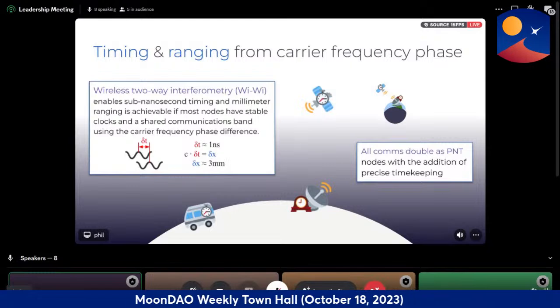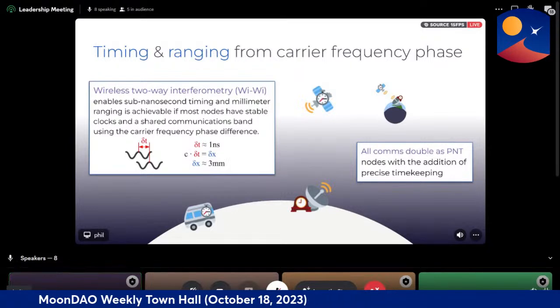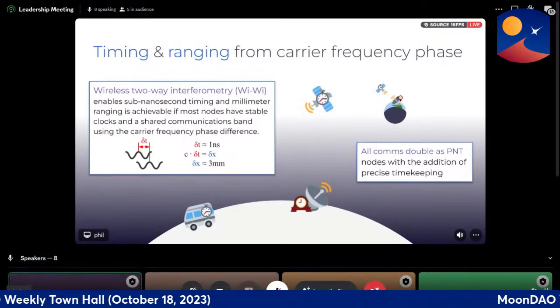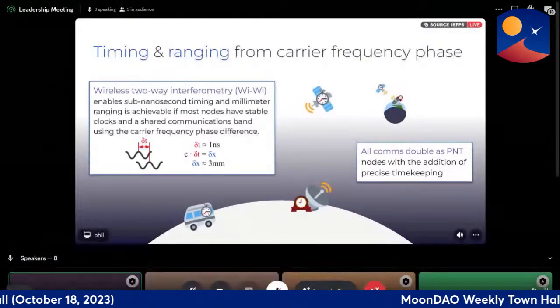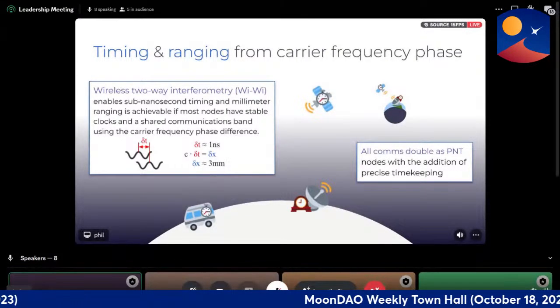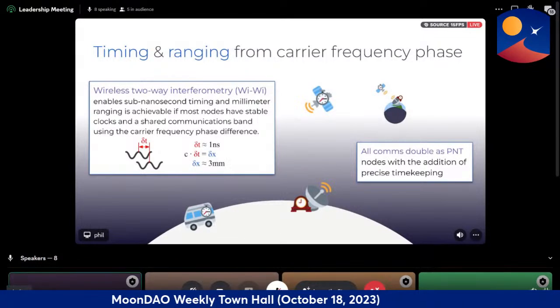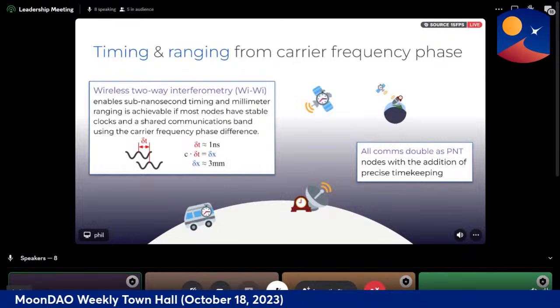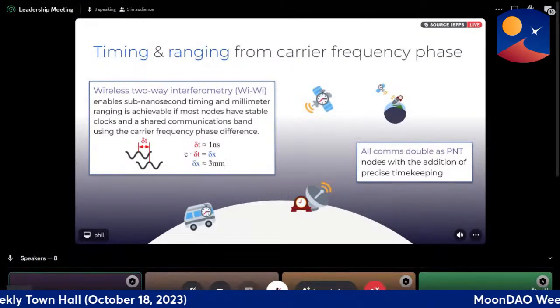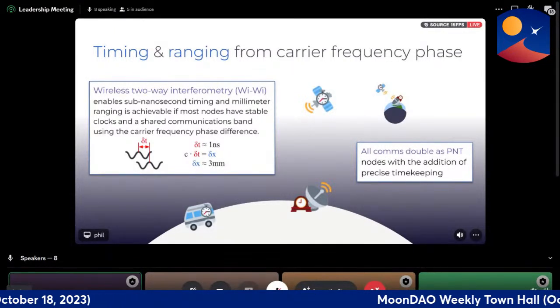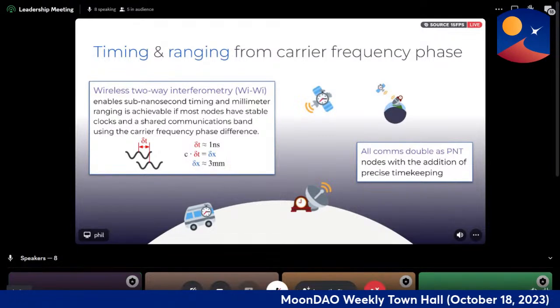It's been demonstrated on the ground, in mesh networks and between buildings on Earth, to measure with this level of precision. It's been great. But it's not just a cool technology. It's the fact that all of these missions have wireless comms, all of them.